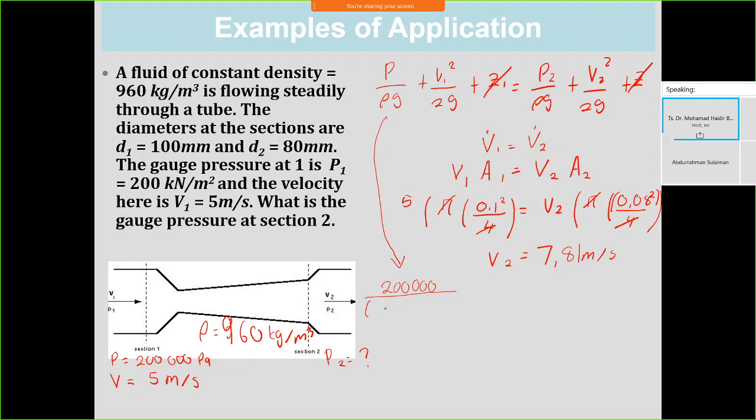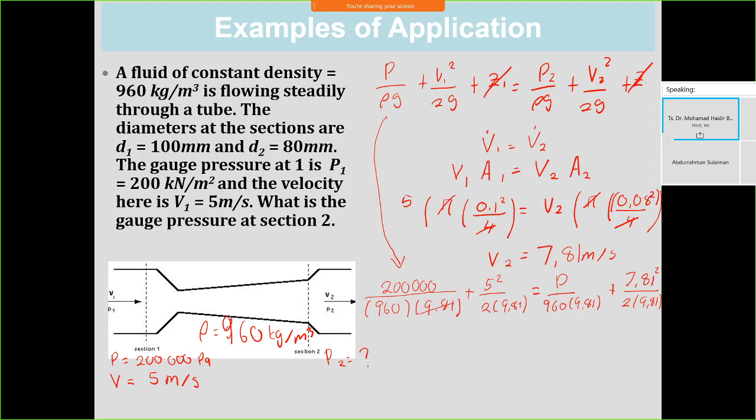Divide by the density 960 and g 9.81, plus 5 square over 2 times 9.81, equal to P2 over 960 times 9.81, plus 7.81 square over 2 times 9.81.